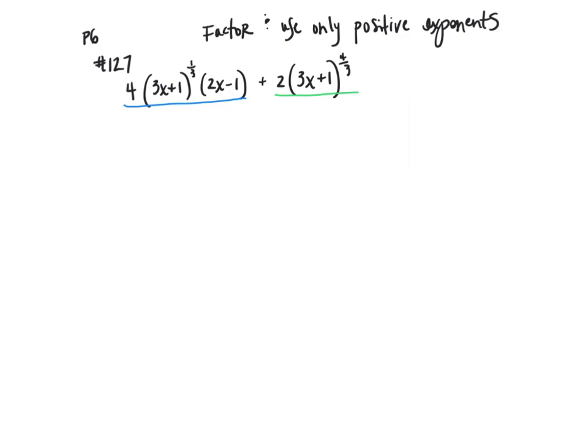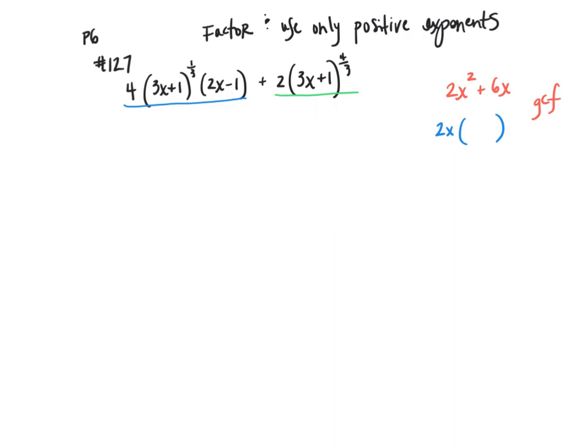I know you all probably know this, but just as a review, say you had a simple problem like 2x squared plus 6x. The first thing you always want to look for is a GCF. You want to try to get the greatest common factor. In this easier problem, there would be a 2 and an x in common.